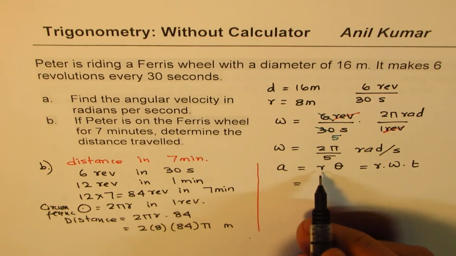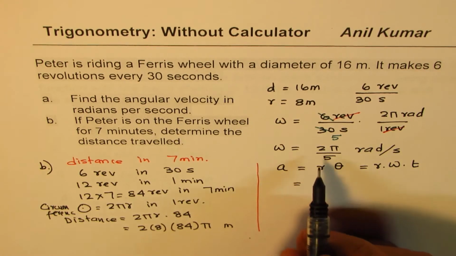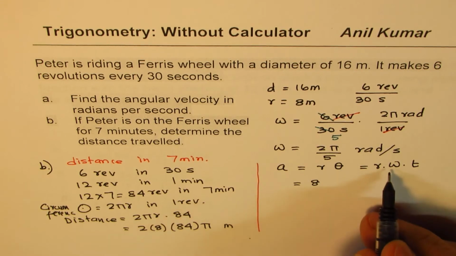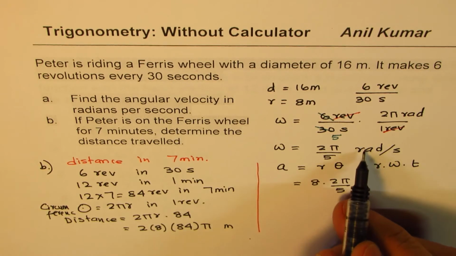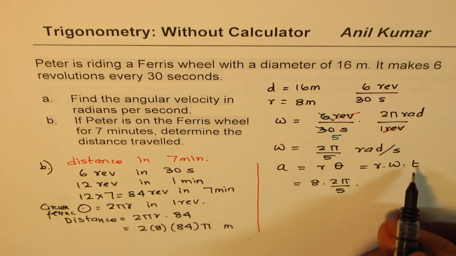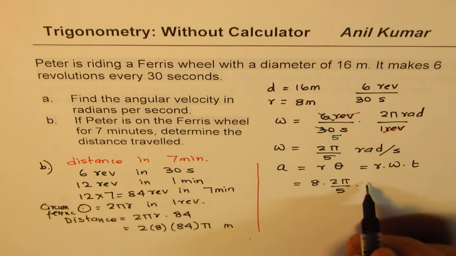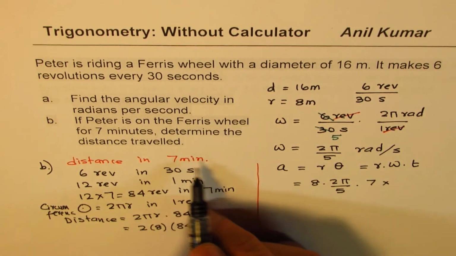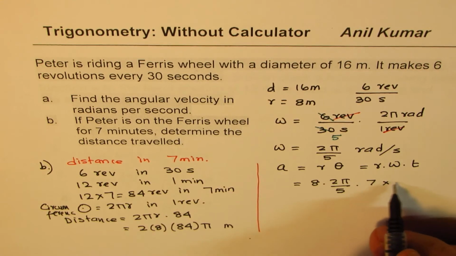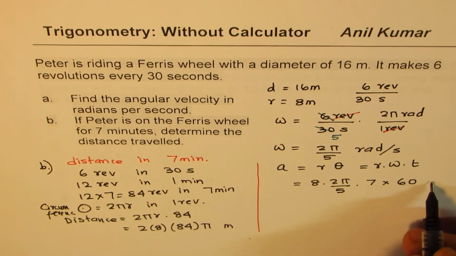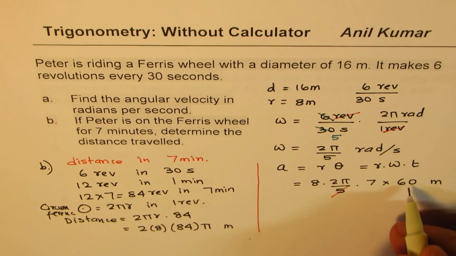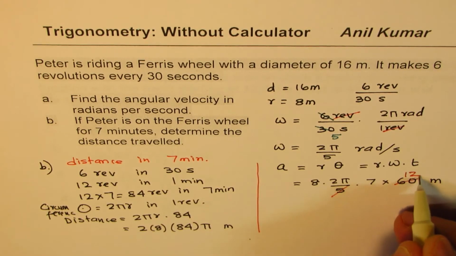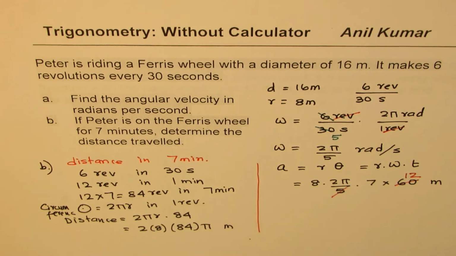So r in our case is the radius of 8 meters, right? Omega is 2 pi by 5. Now this is radians per second. So as far as time is concerned, 7 minutes should be converted to seconds, right? So 7 times 60. So that becomes the alternate way of finding this answer, correct? You could do either method, you will get the same answer, right? So that is 12. So you could multiply all these numbers to get your answer.